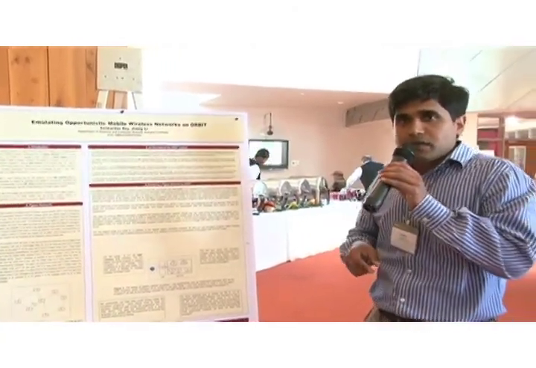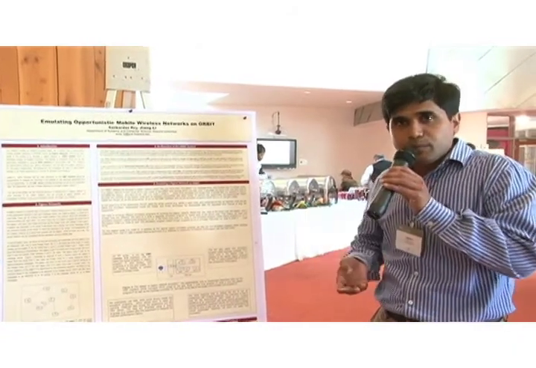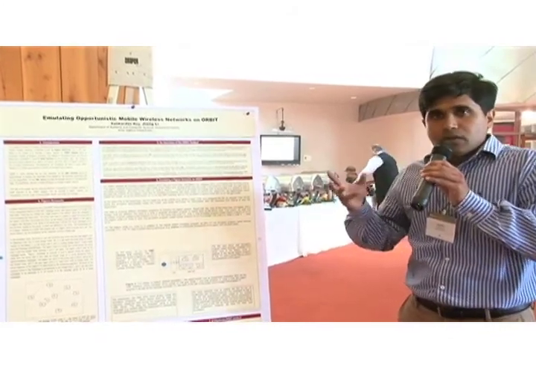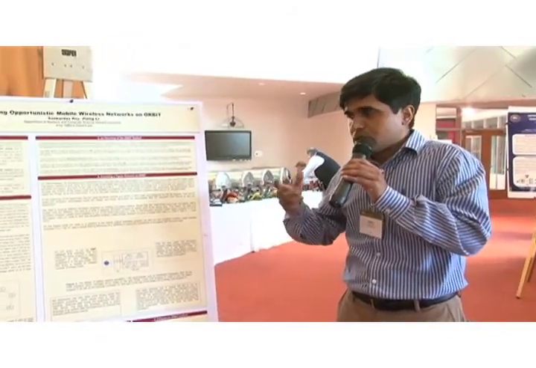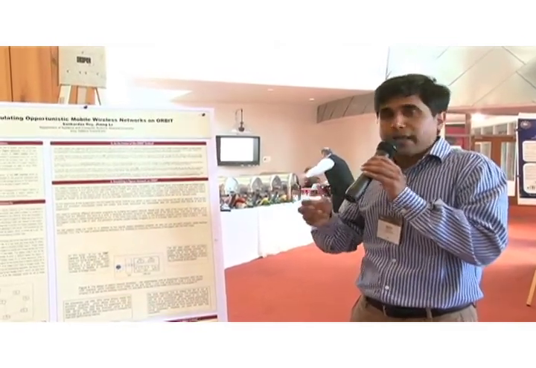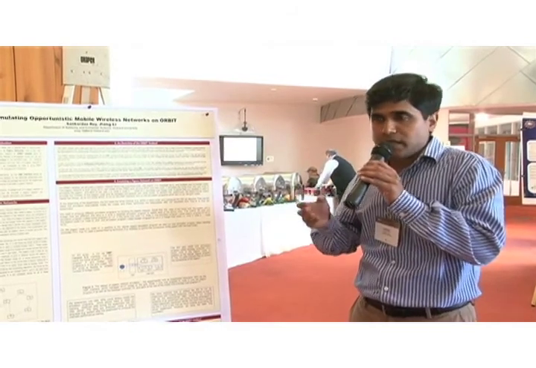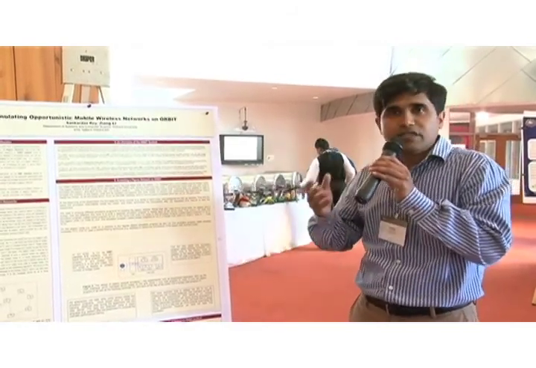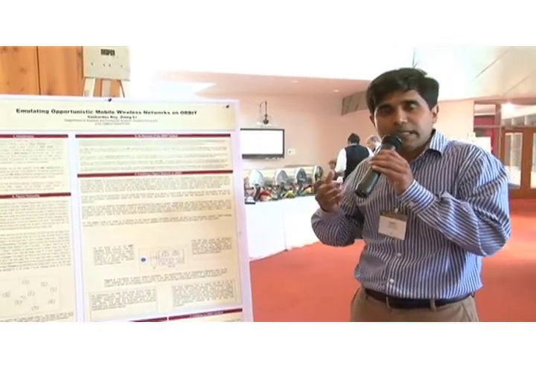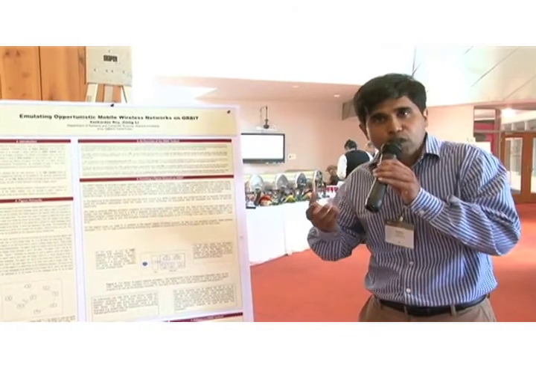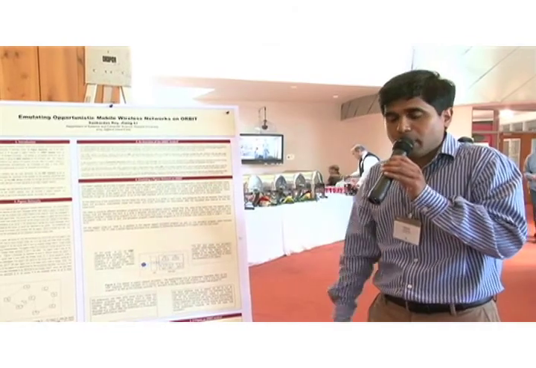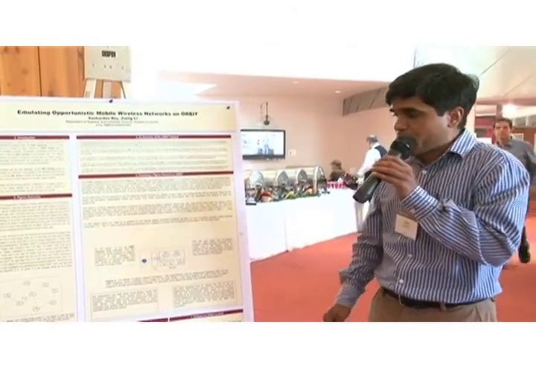Now I will give a summary of what we basically do on this ORBIT testbed. We talked about the PGN network, which has multiple host nodes. One is the home host and others are foreign hosts, and another node is the message carrier. So we can understand that these nodes have different roles. To emulate these different nodes, we have to first build different emulation programs, which will be running on the ORBIT testbed using different physical nodes.